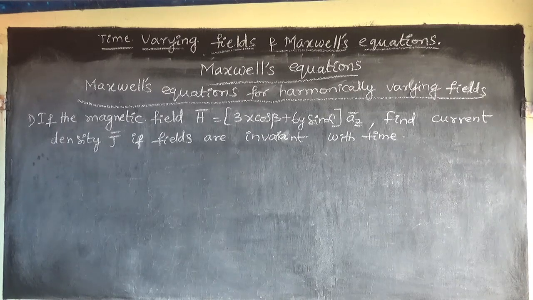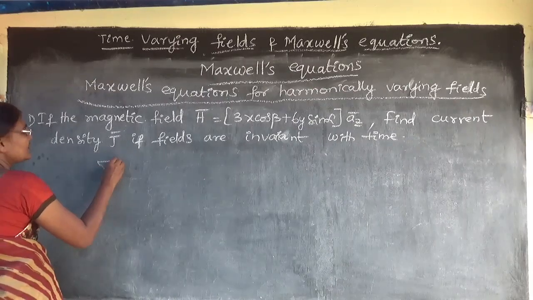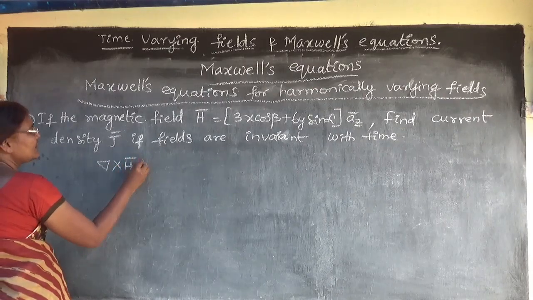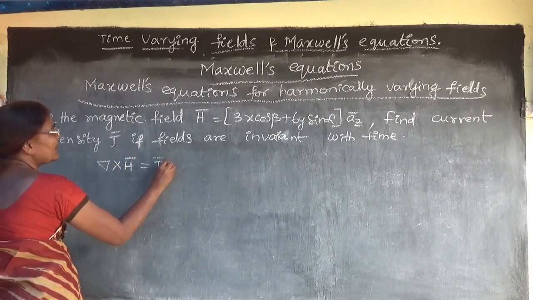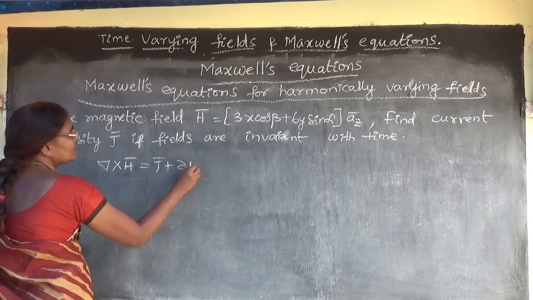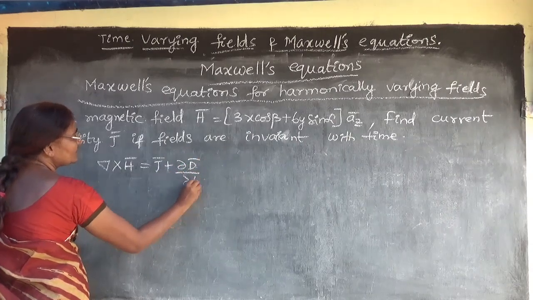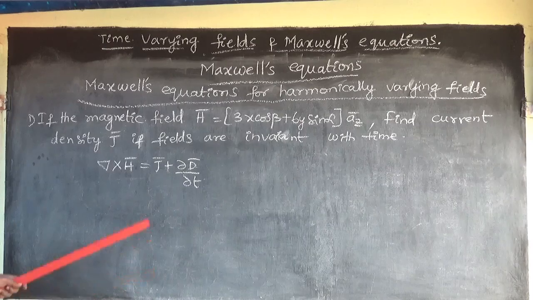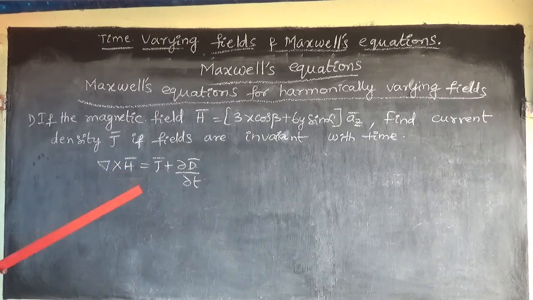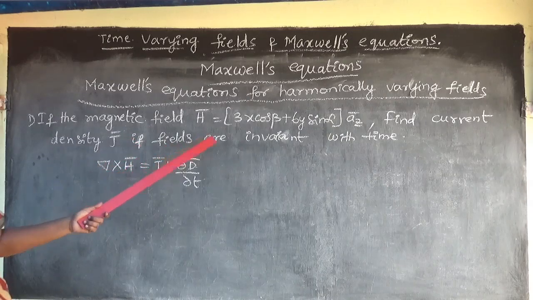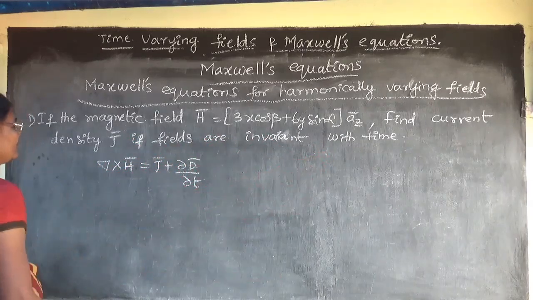This is a simple problem, and del cross H bar is equal to J bar plus dou D bar by dou t. This is the Maxwell's equation we have. But here, what is it saying? The fields are invariant with time.